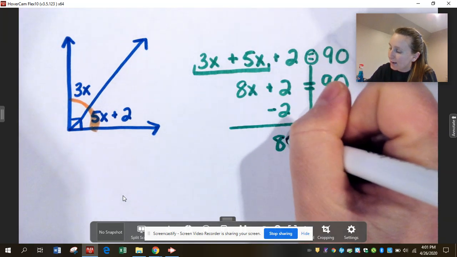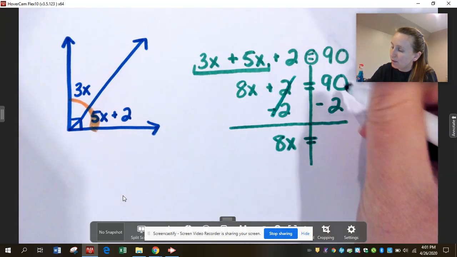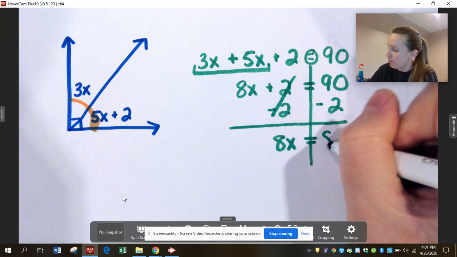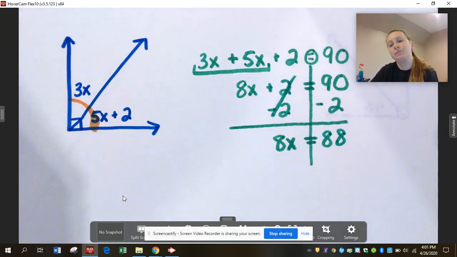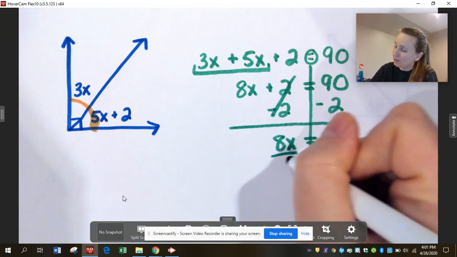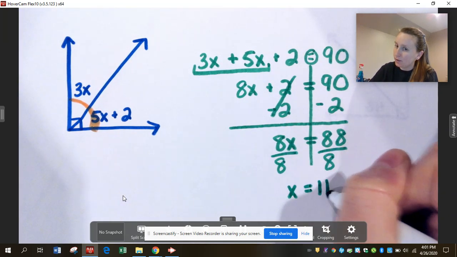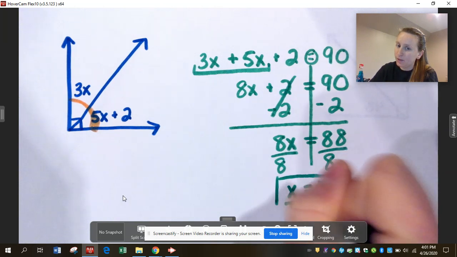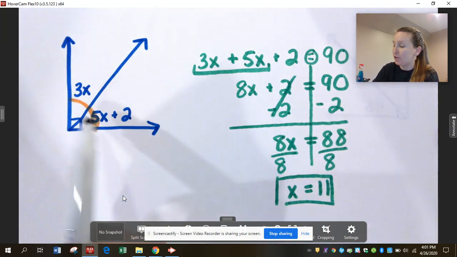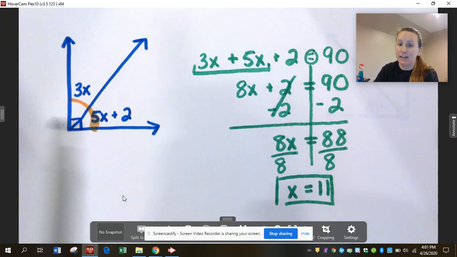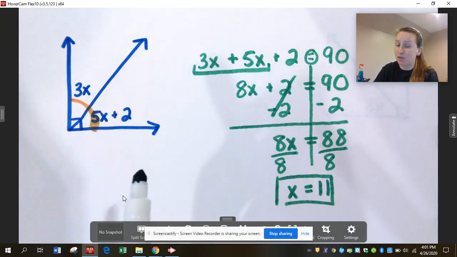So I've got 8x equals 90 minus 2 is 88. And my last step for this is to divide by 8. So I'm going to divide by 8 on both sides to get x is equal to 11. So I know in order to find my two angles, my x equals 11, and I would plug that in to find my two angles.